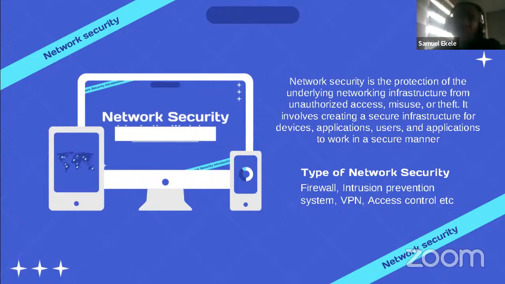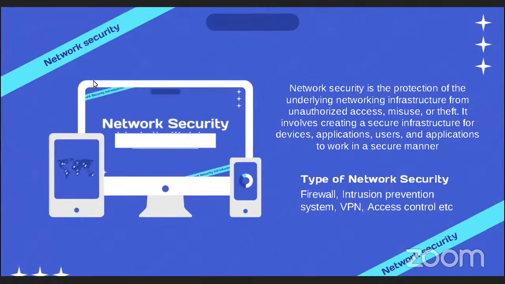You have to protect those communications. You have to protect those links, those connections, basically. So network security comes in. That is the protection of the underlying network infrastructure from unauthorized access, misuse, or theft. It involves creating a secure infrastructure for devices, users, and applications to network in a secure manner.